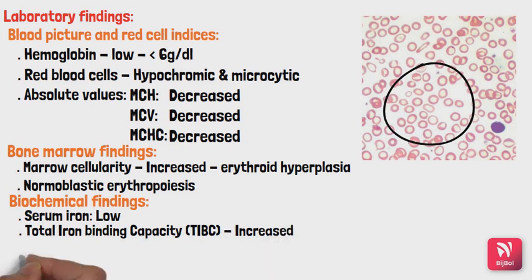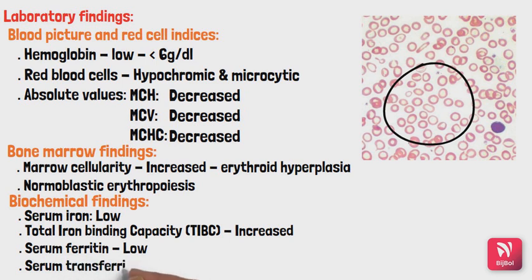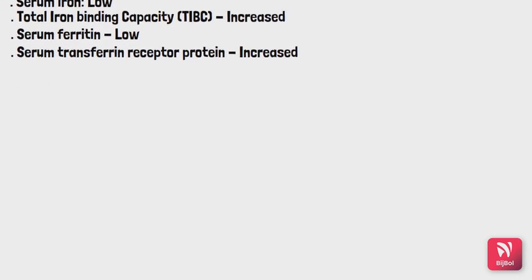Serum ferritin is a storage form of iron, so obviously the storage form of iron also will be low as this is a deficiency. And serum transferrin receptor protein will be increased because, as there is no iron, the transferrin will be freely flowing within the serum itself. So the concentration of serum transferrin receptor protein will be increased. So this is about iron deficiency anemia.